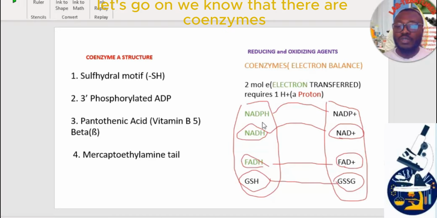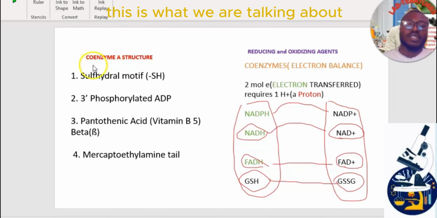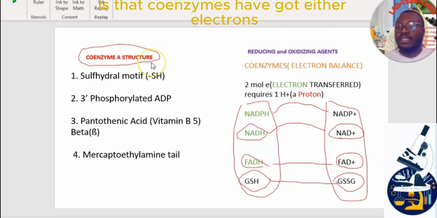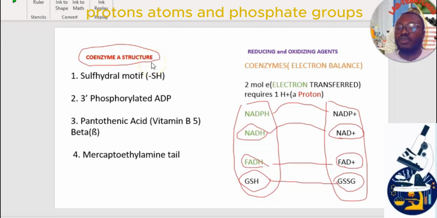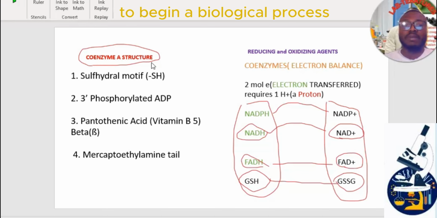Let's go on. We know that there are coenzymes. So when we hear about acetyl Co-A or coenzyme A, this is what we are talking about. The next thing we know about coenzymes is that they have either electrons, protons, atoms, or phosphate groups attached to them that trigger an enzyme to begin a biological process.